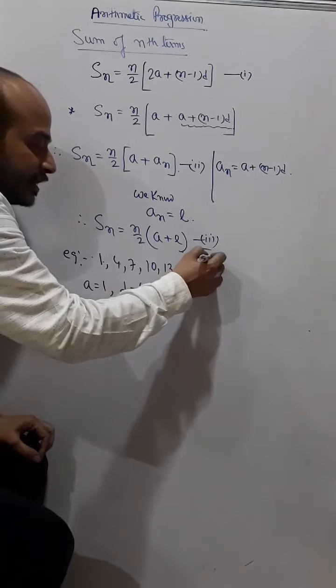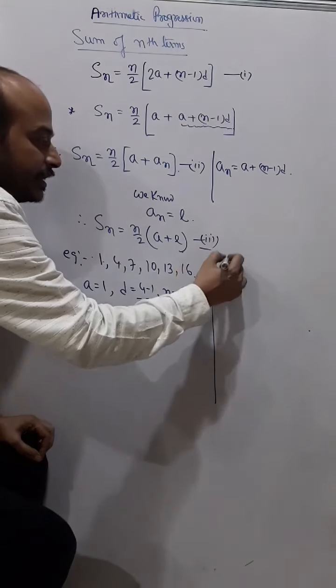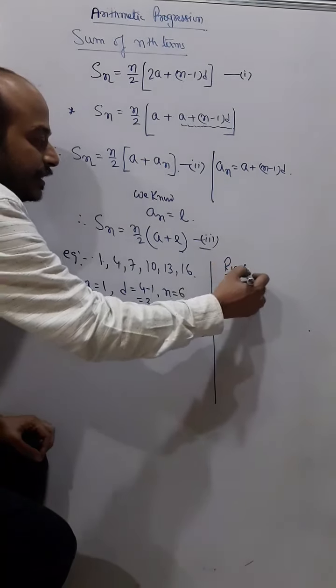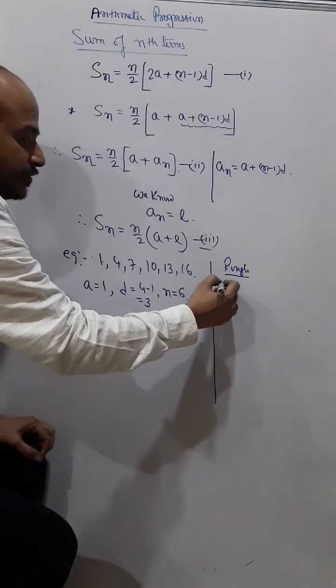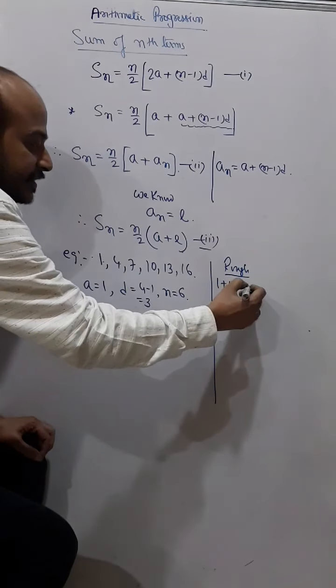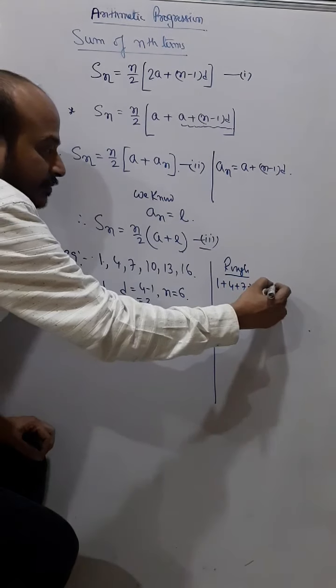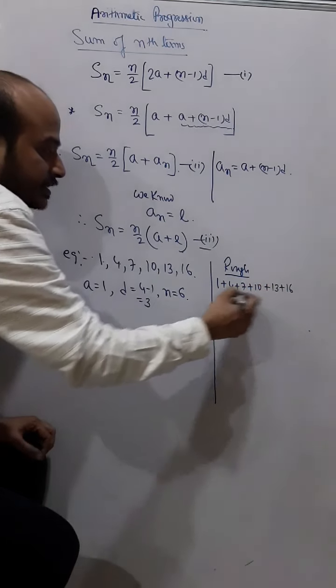Before that, in rough, let us first see what we get. 1 plus 4 plus 7 plus 10 plus 13 plus 16.